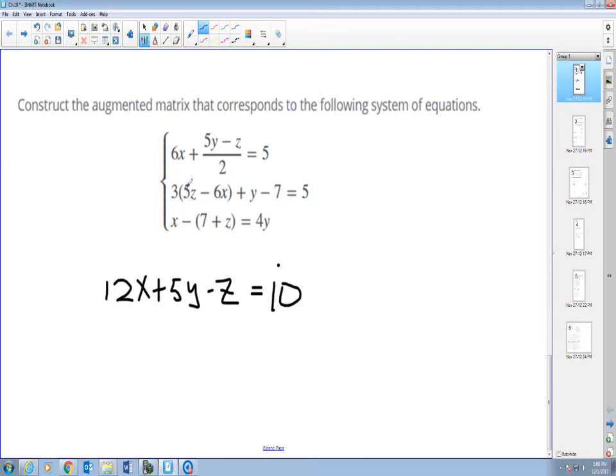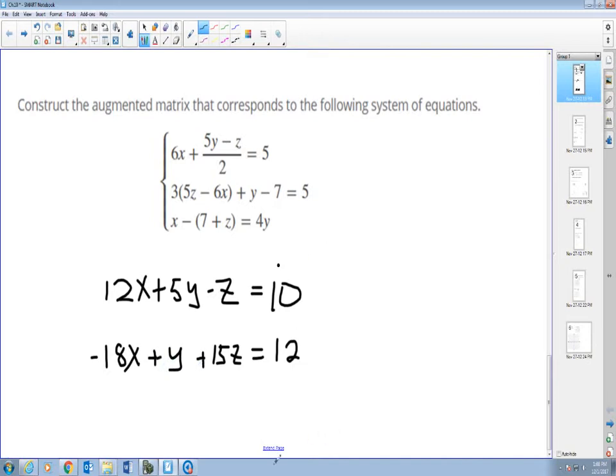Alright, the second equation here, if I do a distribution and clean this up a little bit, move my -7 over, that will be positive 12. Okay, 3 times -6x, -18x. Alright, 3 times 5z, that'll be positive 15z. And my positive y is still positive 1y.